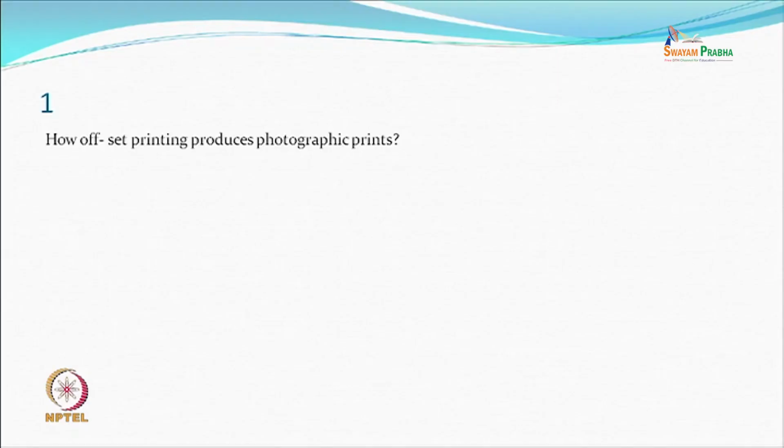So, we will just take up some of the questions which were raised. Let us say one of the questions was how offset printing produces photographic prints. It is very clear that if a photographic print has to be produced, then you should be able to generate a very large number of shades.